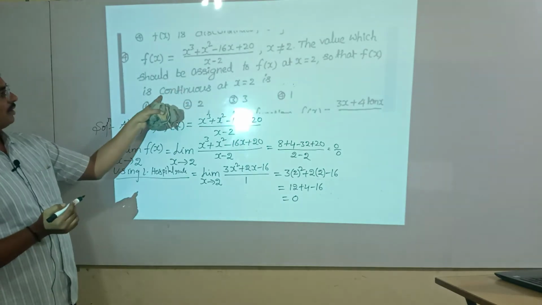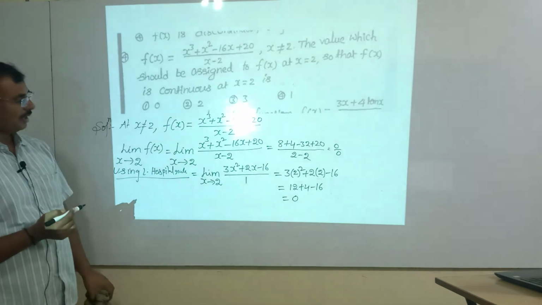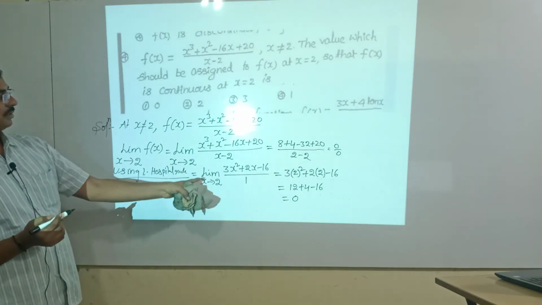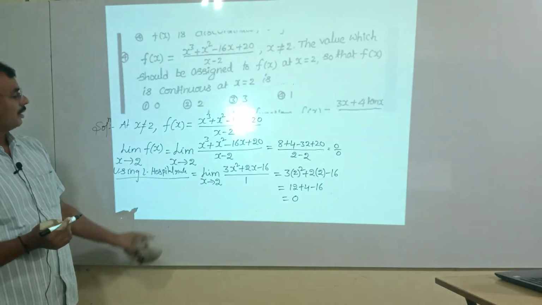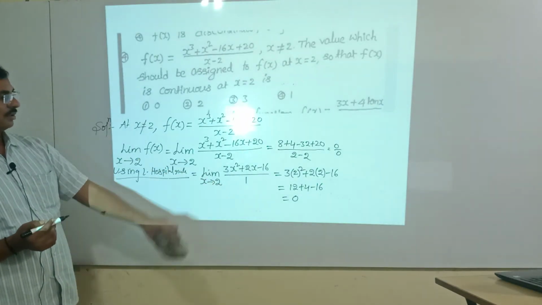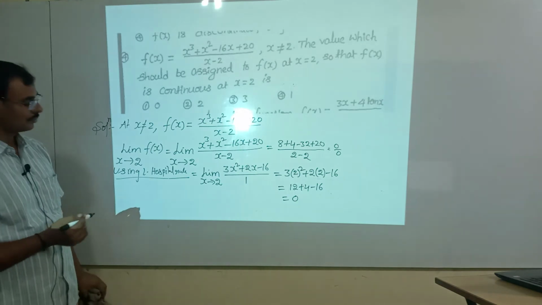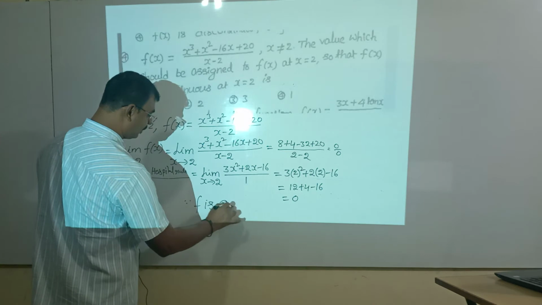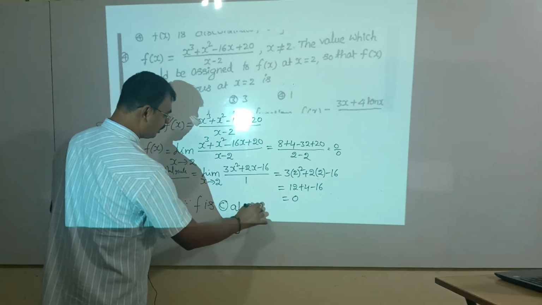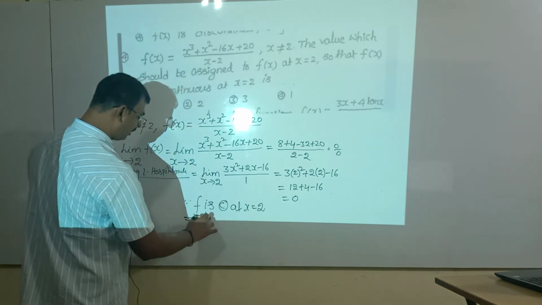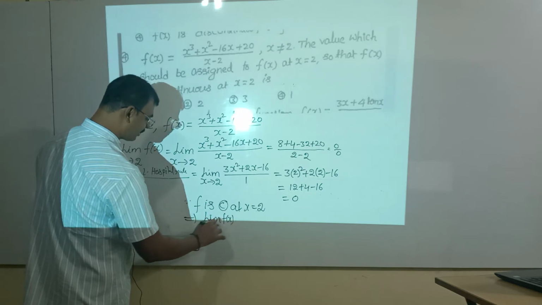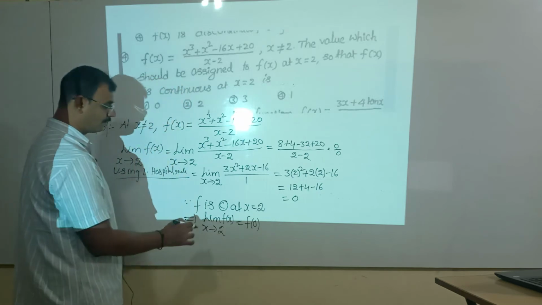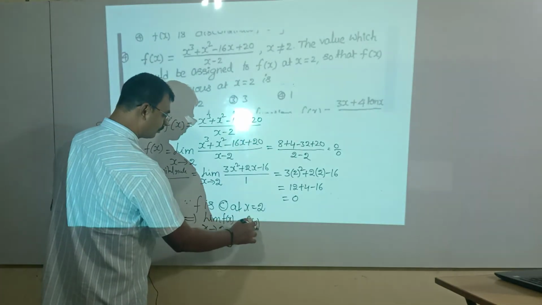The function is continuous. So f of x is continuous means what? The limit of f of x at x equal to 2 is equal to 0. Since f is continuous at x equal to 2, the limit of f of x as x approaches 2 is equal to f of 2.